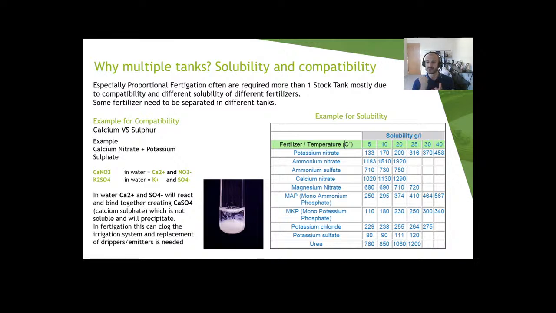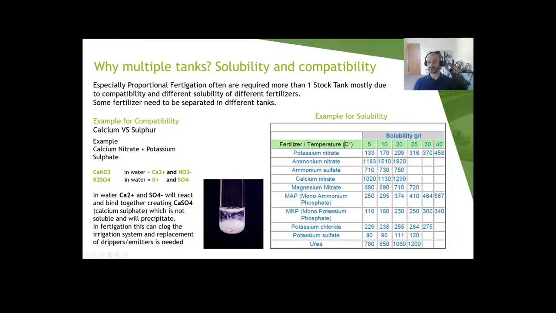But this compound is not soluble in water, so it precipitates, as you can see in the picture here. It creates this sort of dust at the bottom of the tank, and you will never get rid of it. It's impossible to dissolve it. So if your injectors, your peristaltic pump, absorb this, you can clog it.